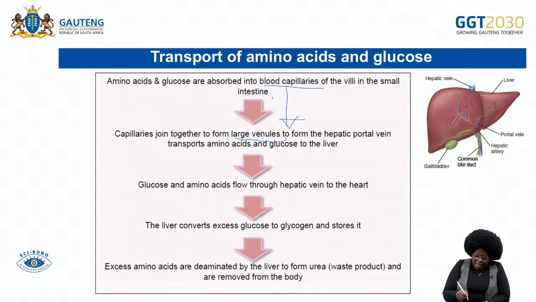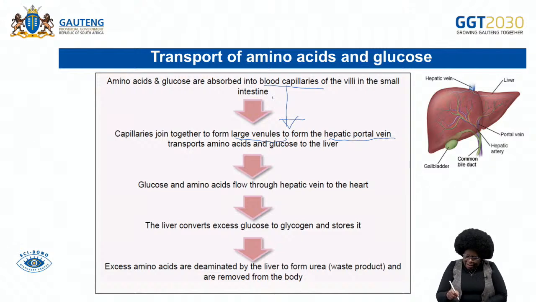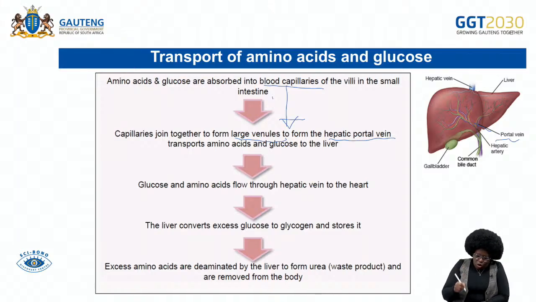These are veins, to form the hepatic portal vein, which, if you check the diagram, is linked to the liver. Very important for you to take note of. It transports amino acids and glucose to the liver, right? So the hepatic portal vein transports what was digested to the liver.